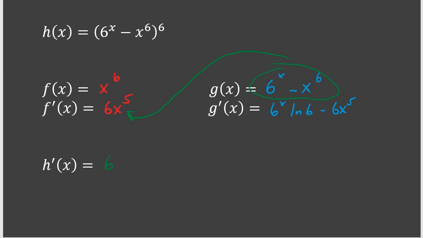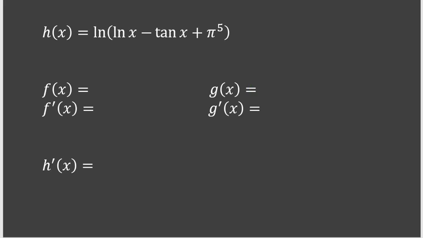This is going to give us 6 times (6 to the x minus x to the sixth), all being raised to the fifth power, times g prime of x, which is 6 to the x times the natural log of 6 minus 6 times x to the fifth. And all that right there is h prime of x.